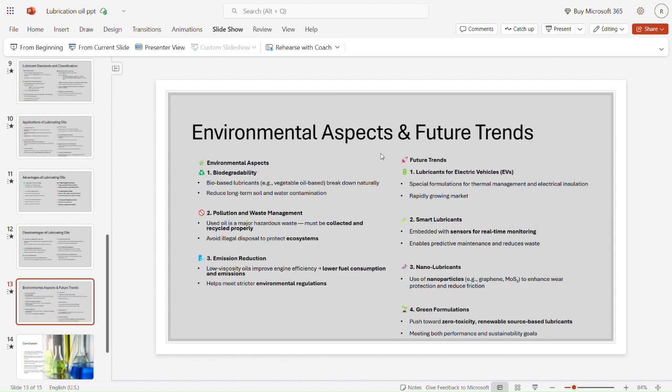Next is environmental aspects and future trends. Basically, this slide shows how we should use the lubricating oil in a way that tends to reduce pollution, increase biodegradability and enable smart lubrication. There are various environmental aspects for which we have to use the lubricating oil.